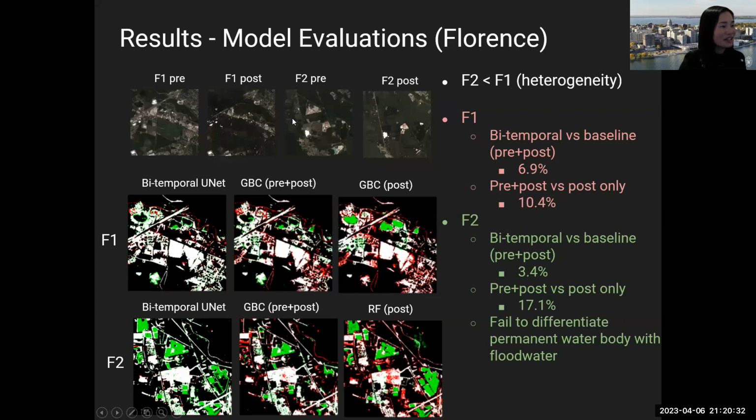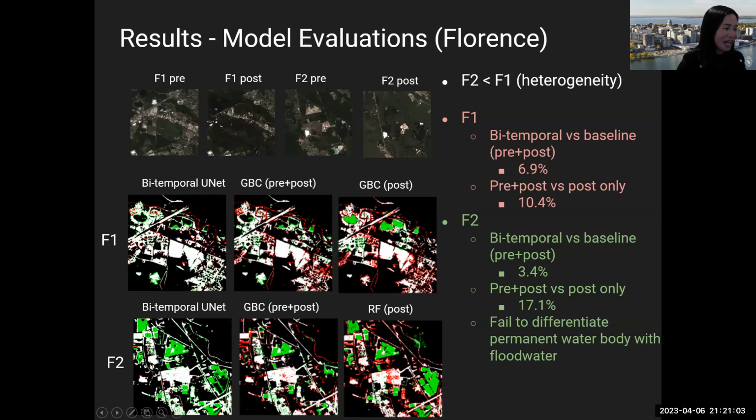F1 and F2 have different heterogeneous backgrounds, which means there are different degrees of urbanization. F1 is more urbanized compared to F2. Our model actually achieved better performance improvement compared with baseline models such as random forest, with an improvement of almost 7% and 3.4% for the F1 and F2 sites accordingly.